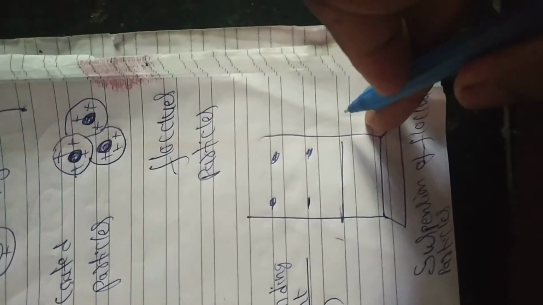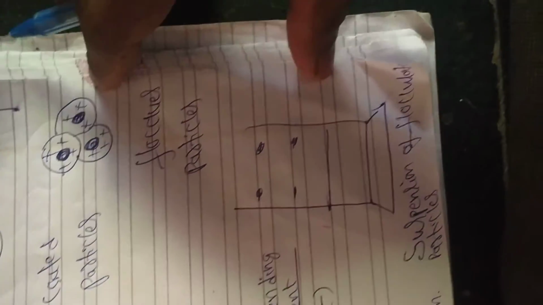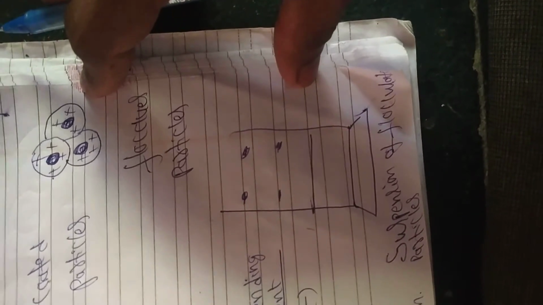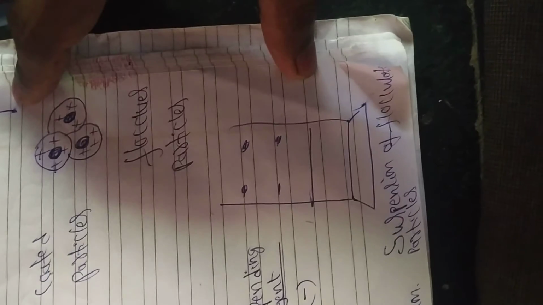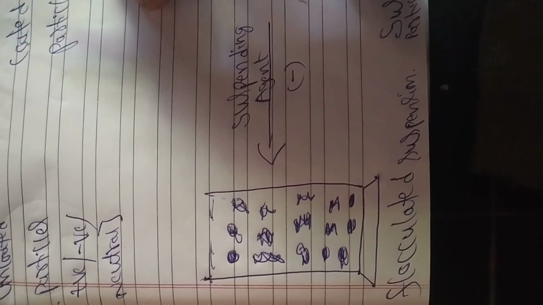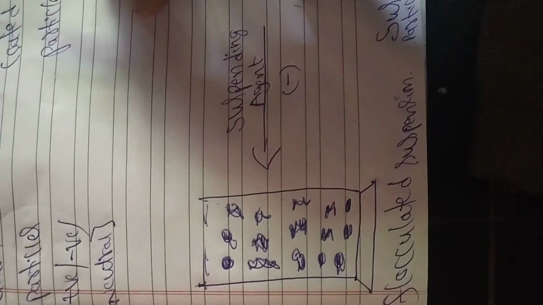These floccules are dispersed in a suitable medium to form a suspension of flocculated particles before addition of suspending agents. By the addition of suspending agent, a flocculated suspension containing structured vehicles is formed.